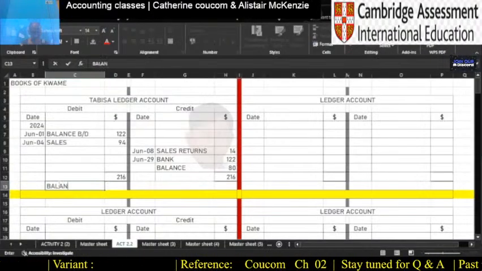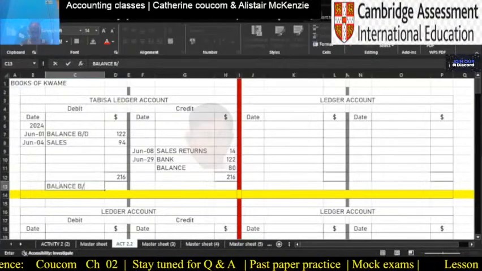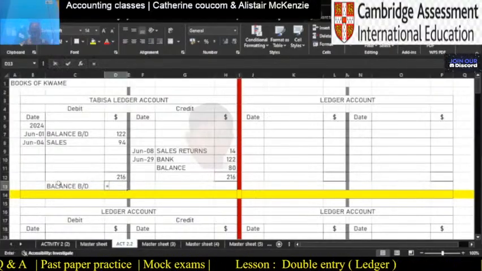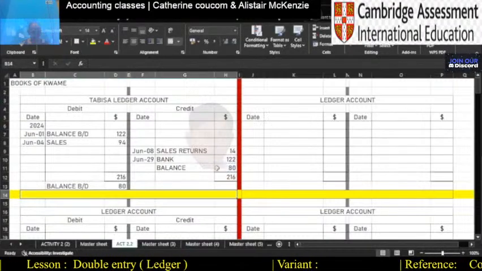Balance brought down, the same amount, whichever is here. So here it's carried down.